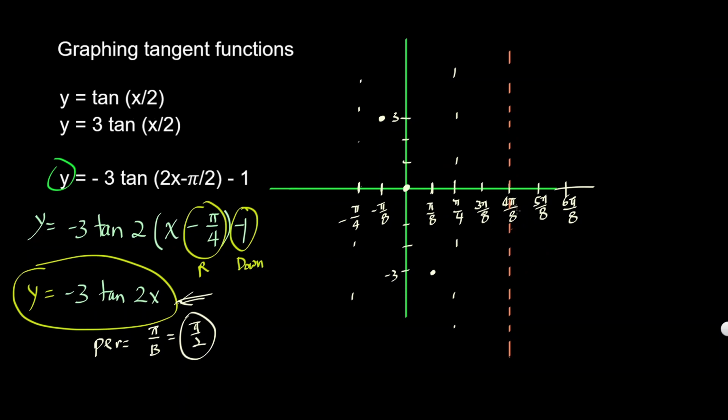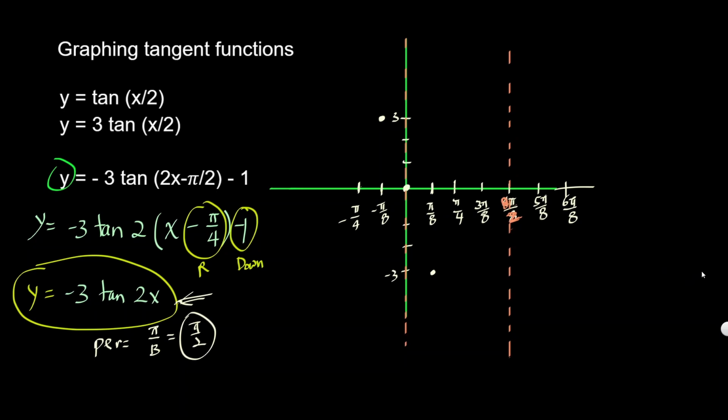So it'll be pi over 2 here. Okay? And then same thing to the left asymptote. So I'm going to move from here, 1, 2. That's going to be x equals 0. Okay, so let me erase the old asymptote here. And then we'll do the same thing with the points.